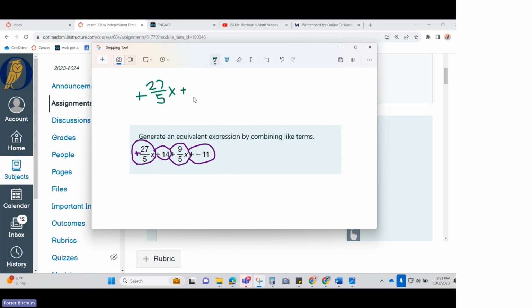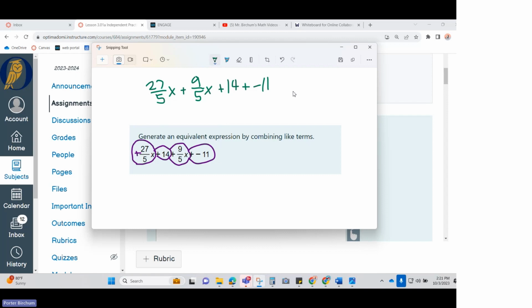I'm going to put the x's next to each other, plus 9/5 x plus 14 plus -11. Okay, don't need this plus sign in the front, so I'm going to erase that.